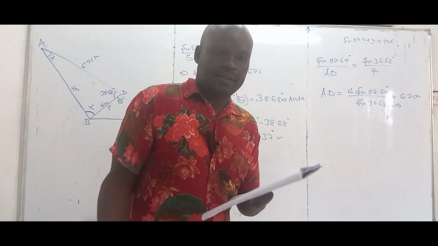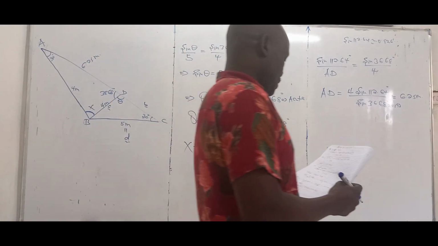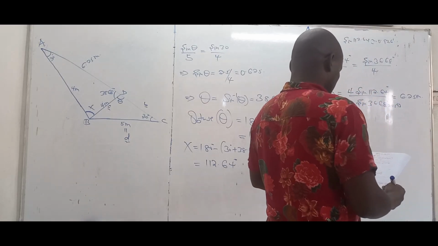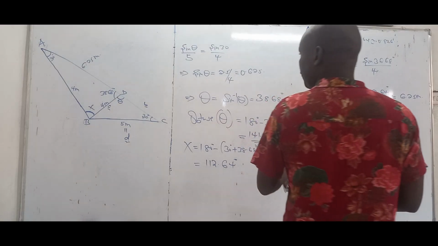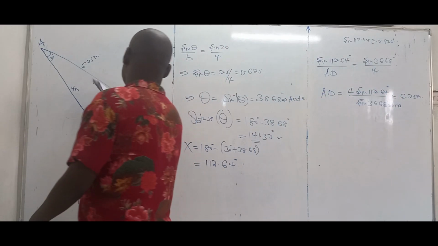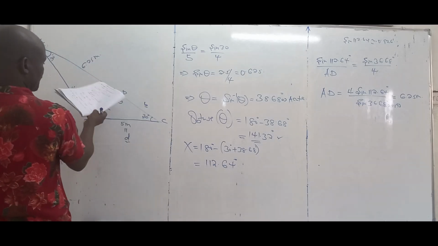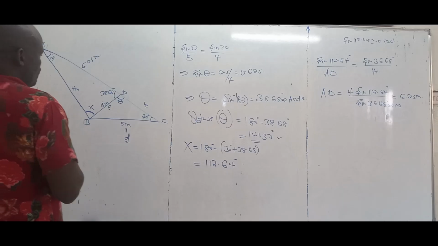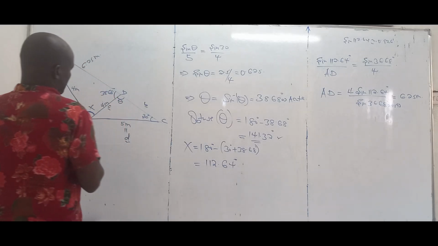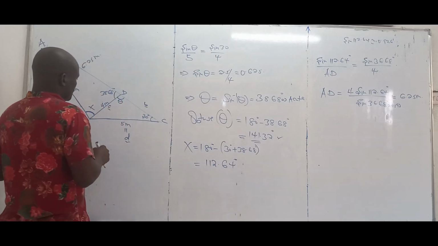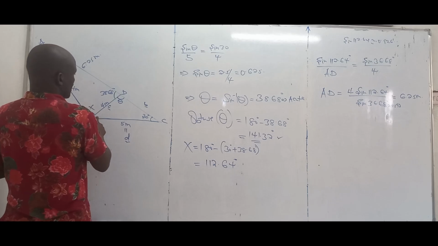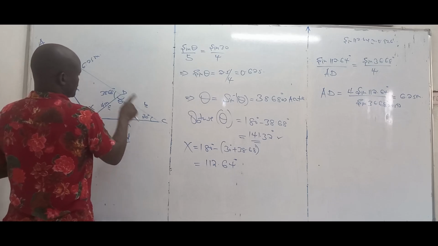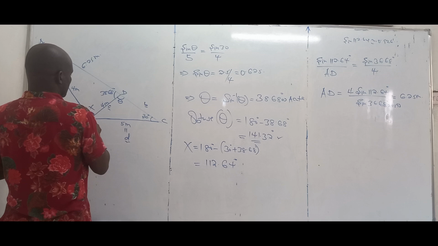Then the next thing that we do is we need to get the length of DC. Now we need this length DC. How will we get DC? Because we know that if we can specify this angle, we put it over this, then relate it with another one.